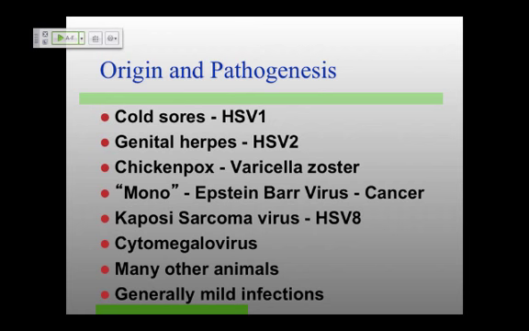The molecular virology here has best been done on HSV1. Very closely related is HSV2, what most people think about when they think about herpes. Chickenpox is another one of these herpes viruses, or is caused by one of these. Mono, Kaposi sarcoma virus, Cytomegalovirus, et cetera.